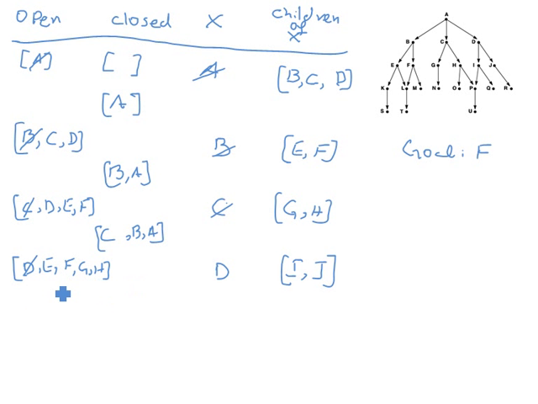They're not, so we need to put I and J on the right side of our open list.